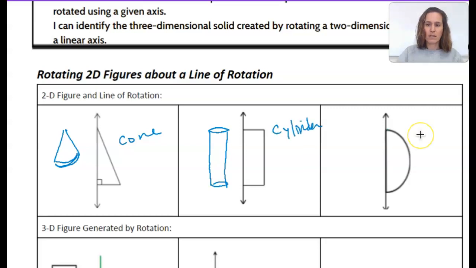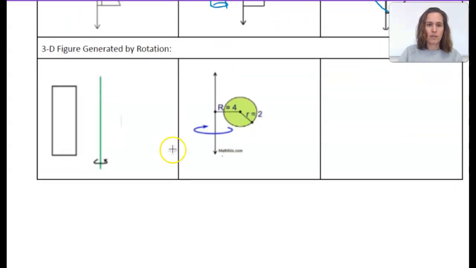If I rotate the semicircle around the axis, you'll notice that it creates a circle. Maybe a little bit better than what I drew. So this would actually create a sphere because it's going around. Now, the figure generated by a rotation, notice that there's a gap between the axis and the actual three-dimensional figure. That means when I rotate around, there's actually going to be a gap in the middle of it. So it looks like it's going to have a big hole.